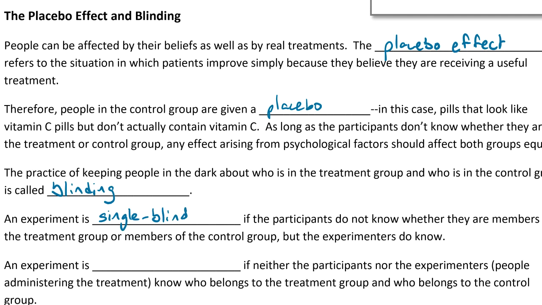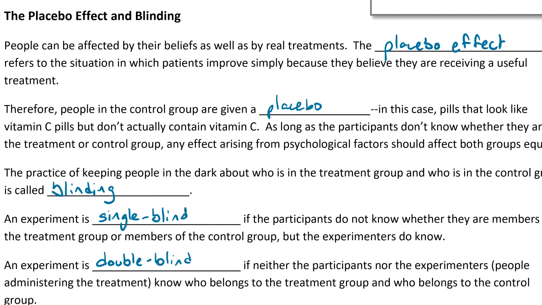Whereas an experiment is double blind if neither the participants nor the experimenters know who belongs to which group. All right, so that means both the people getting tested on and the testers themselves are completely in the dark as to who is who.